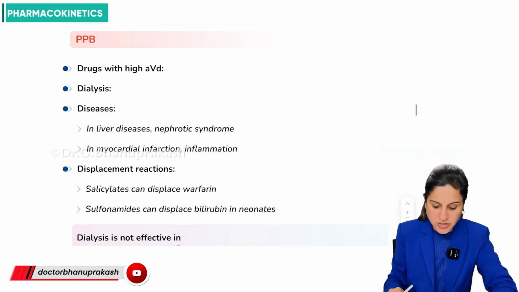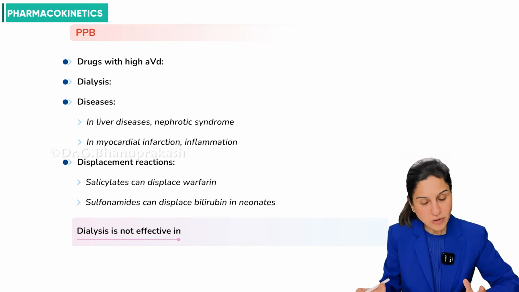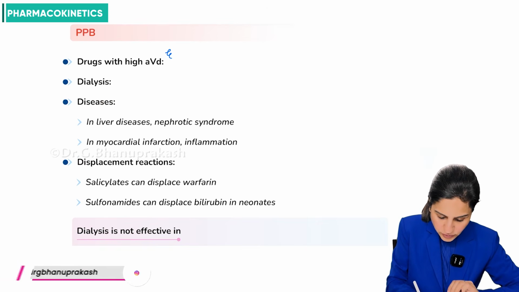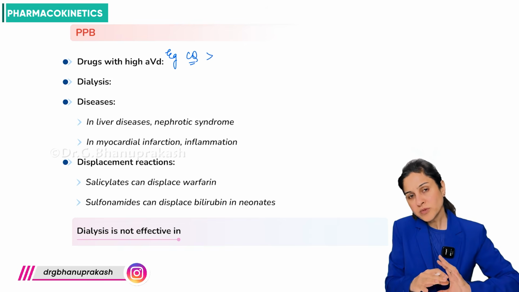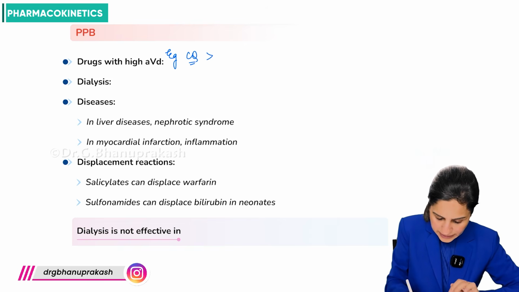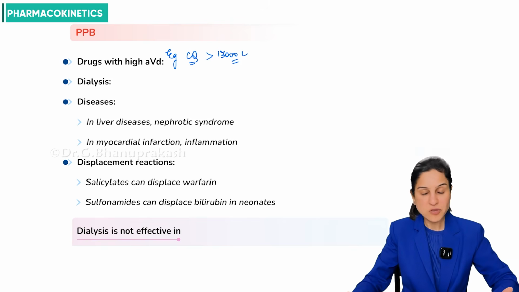Drugs with very high apparent volume of distribution. What can you say about these drugs? For example, a drug called chloroquine has a volume of distribution in thousands, more than 13,000 liters. How do we explain this, because we don't have that much fluid in the body?